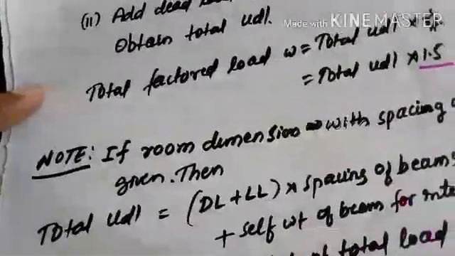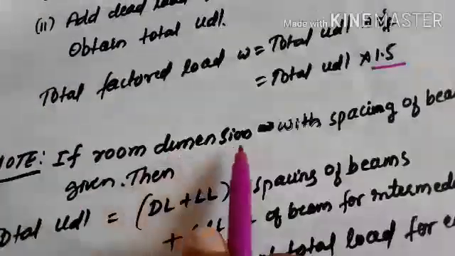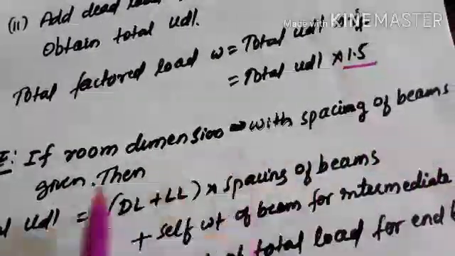Okay, then suppose the room dimensions with spacing of beams are given, like this: room dimensions L into B, and the spacing of beams given.